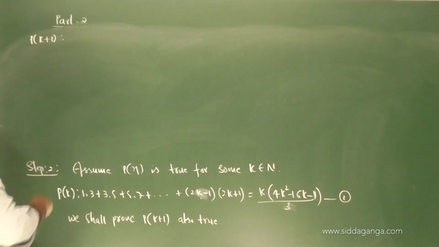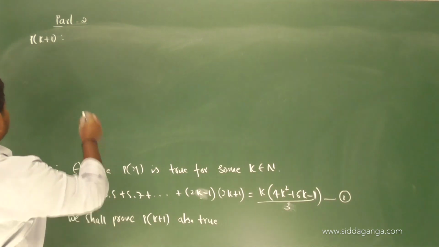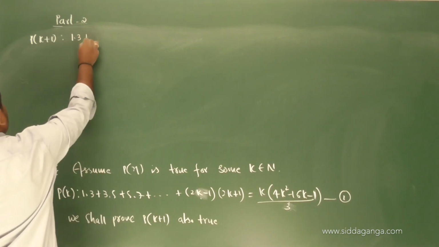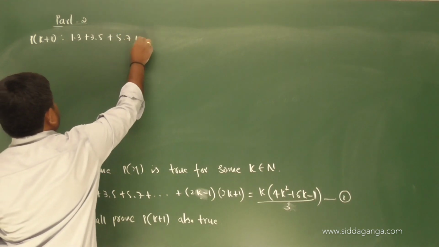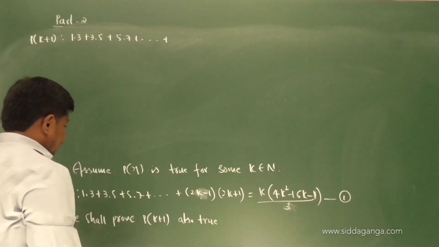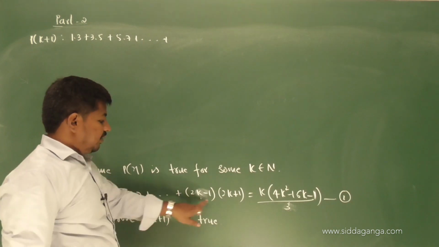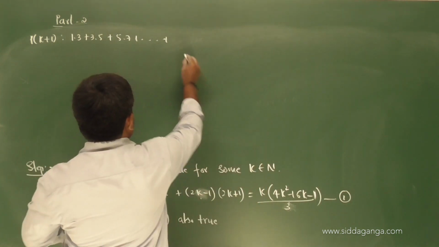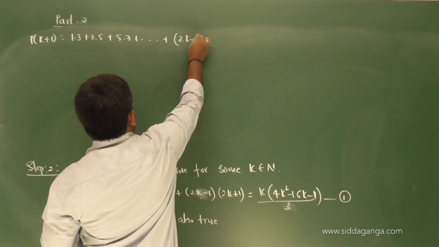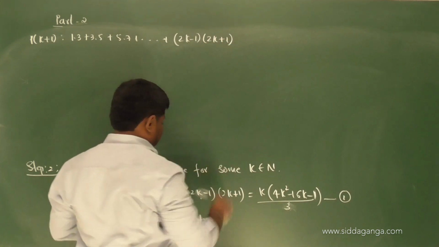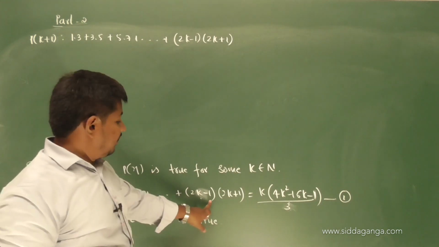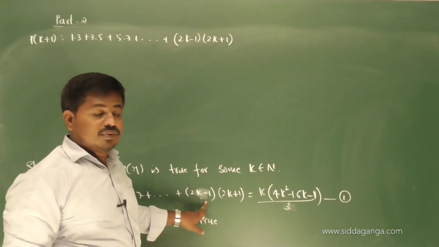So this is what is to be proved: 1 into 3 plus 3 into 5 plus 5 into 7, and so on. This is the kth term, 2k minus 1 into 2k plus 1, right? Till here this is true for the kth term.